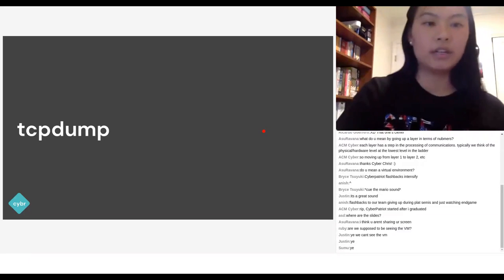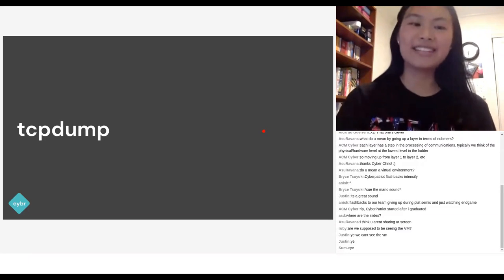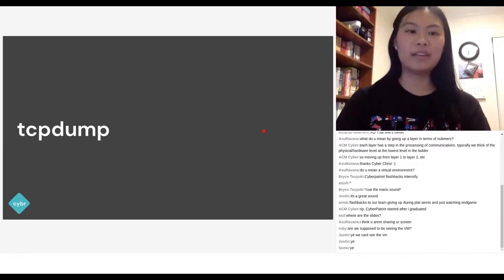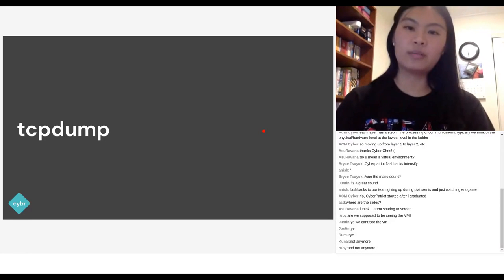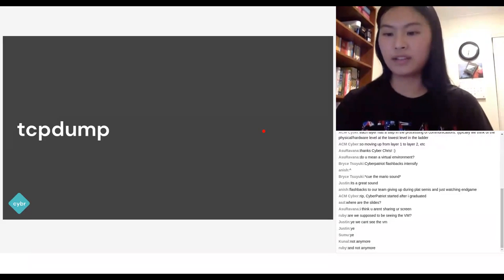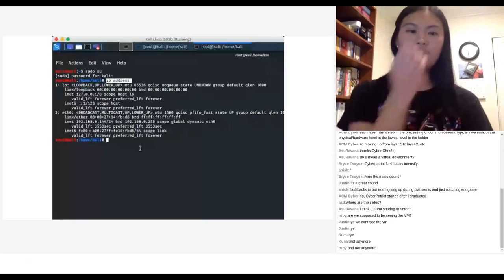It switched back, I think I know why. It's because I switched to full screen on my computer. It's okay, I'll just do side by side then.